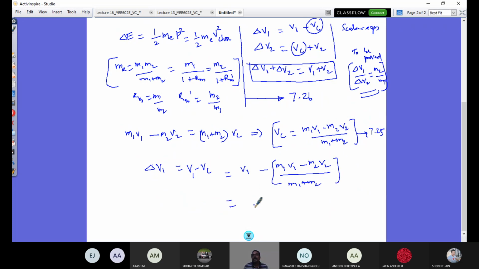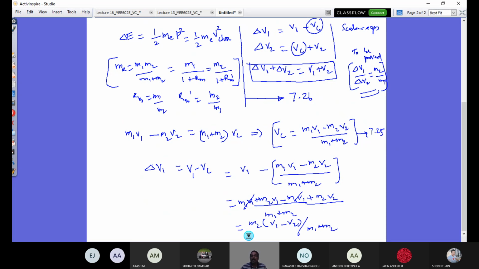Taking the LCM as M1 plus M2, the numerator is M1 V1 plus M2 V1 minus M1 V1 plus M2 V2. M1 V1 minus M1 V1 goes off. I can take M2 common, so I have M2 into V1 plus V2 divided by M1 plus M2.